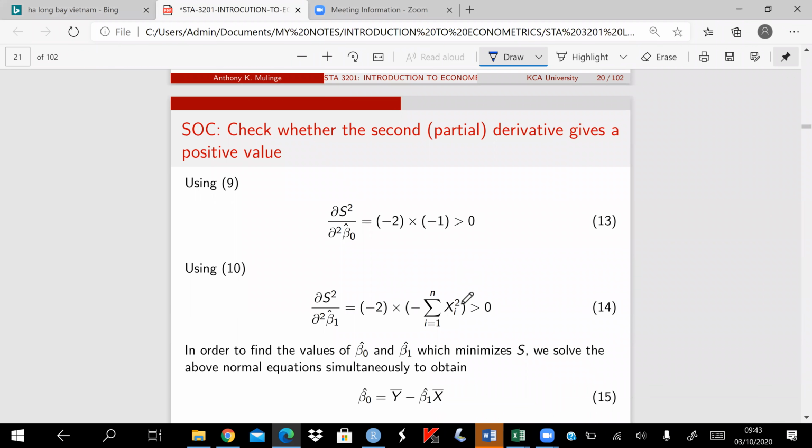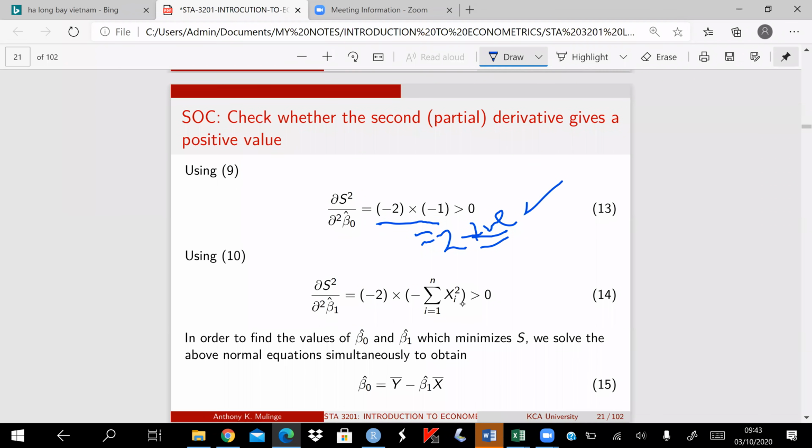And as I've already mentioned, we do successive differentiations with respect to each of the regression parameters. When you do successive differentiation with respect to beta naught, you will get this value here, -2 times -1, which is 2, a positive number. Then that should also be true for beta 1. You should also get a positive number when you do 2 successive differentiations with respect to beta 1.